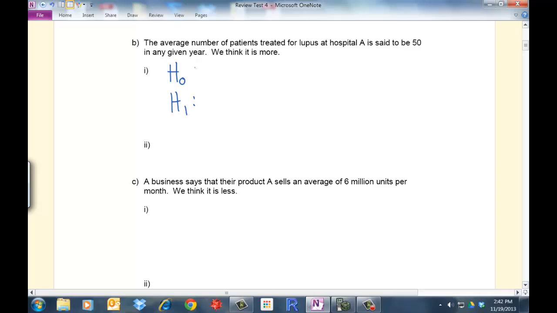So the researcher's hypothesis, again talking about the average, that points us to the parameter mu, and remember mu is the population average. And so we think it's more, mu is greater than 50, and mu is equal to 50. So this is a right tail test.